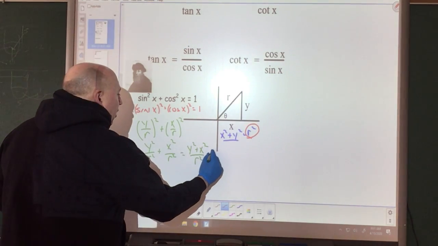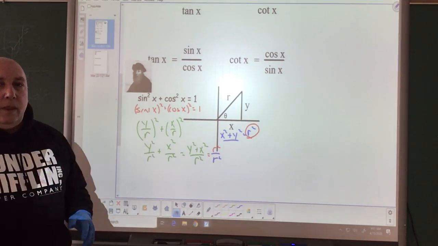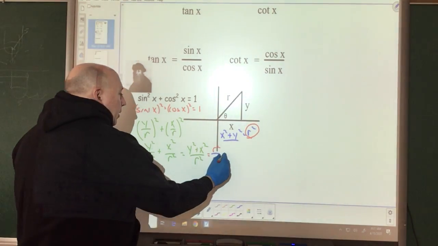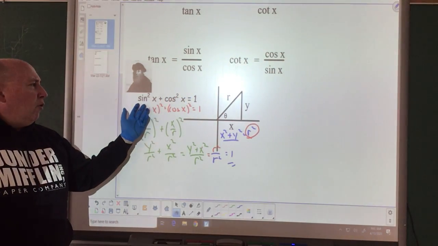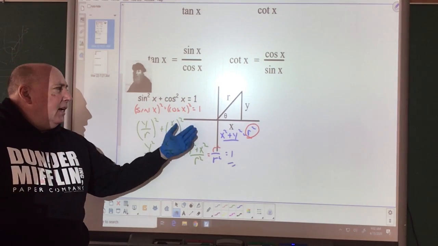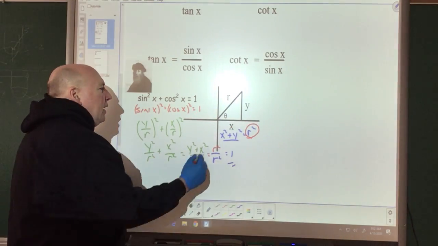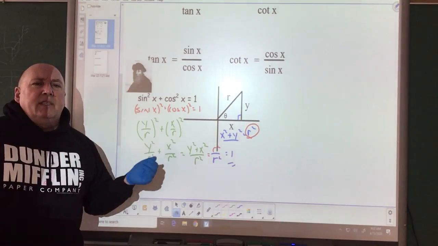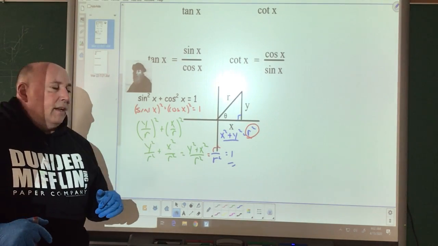So we're left with r squared over r squared. When I take something and divide by itself, I get a value of 1. So we use a general form idea here, and we prove that if I take the sine squared plus cosine squared for any right triangle, if these angles are the same, I'm going to get a value of 1. That will be true for anything.